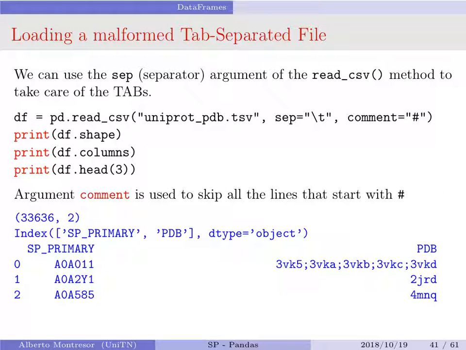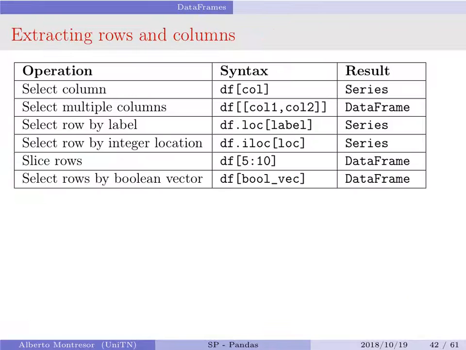And then I could say that, for example, I could consider a comment every line which starts with this symbol, okay? And this is a way of removing not only the first line, but also every line that contains a comment, and you can do something like this.